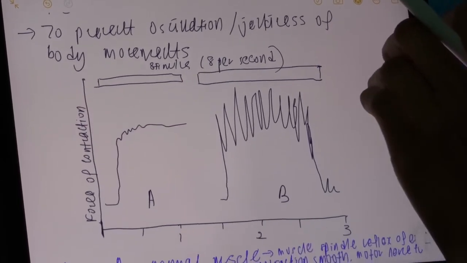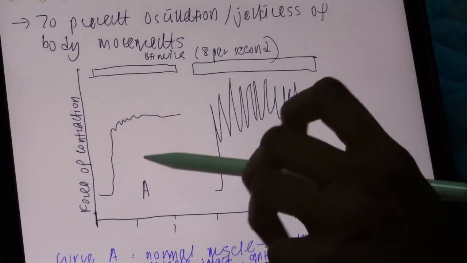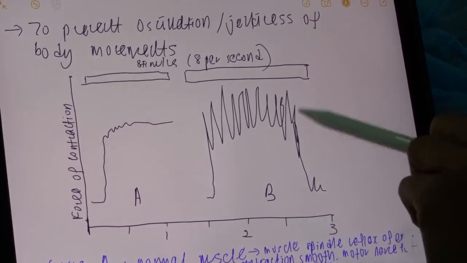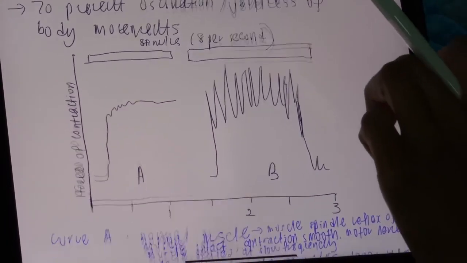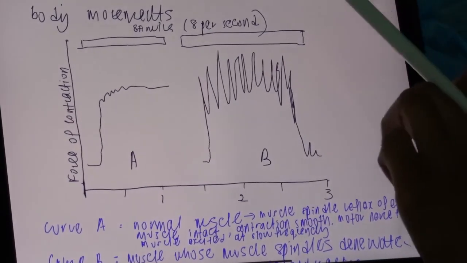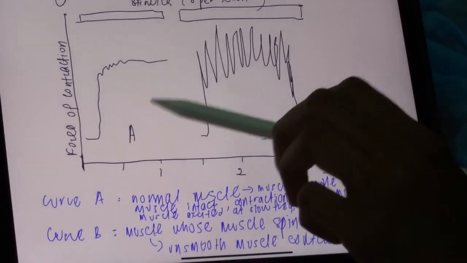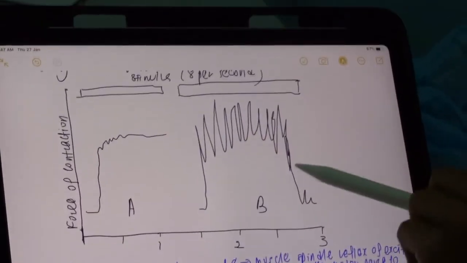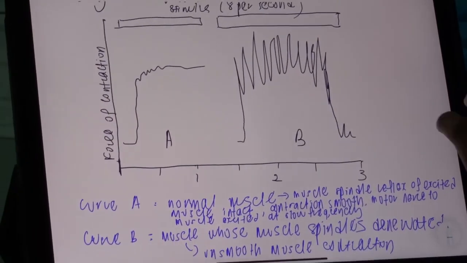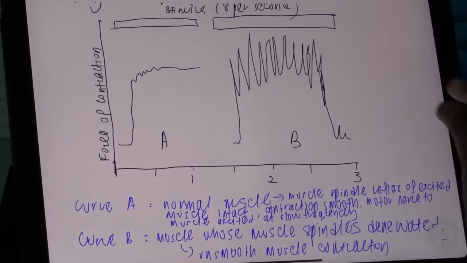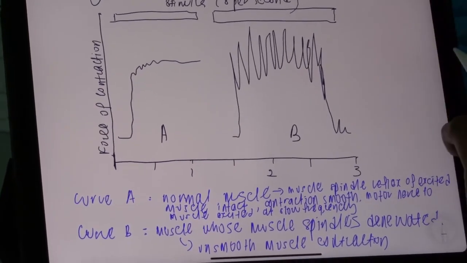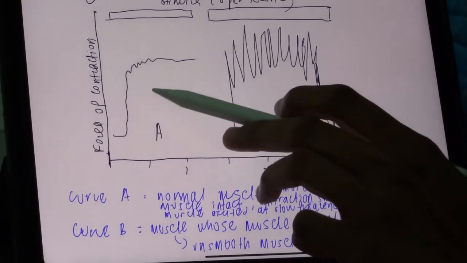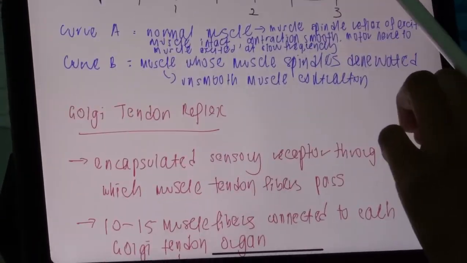If you see here, this one is smooth, this one is not smooth. You see there's a jerky movement. This is curve A, this is curve B. This one is the normal muscle, but curve B is like a muscle spindle which is denervated, which causes unsmooth muscle contraction, and this one is a smooth muscle contraction.